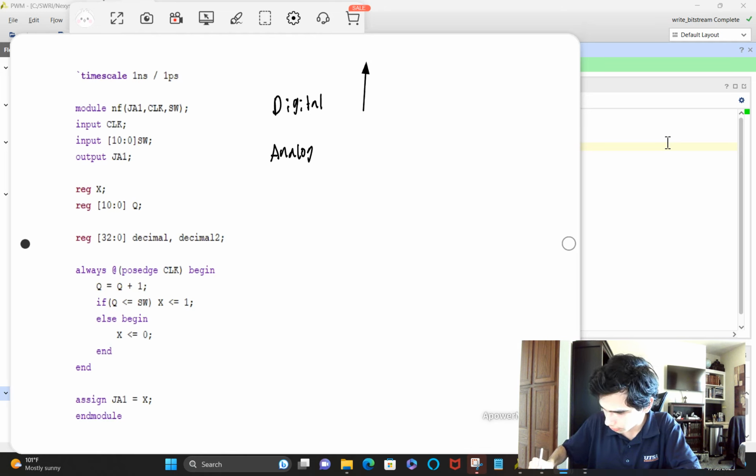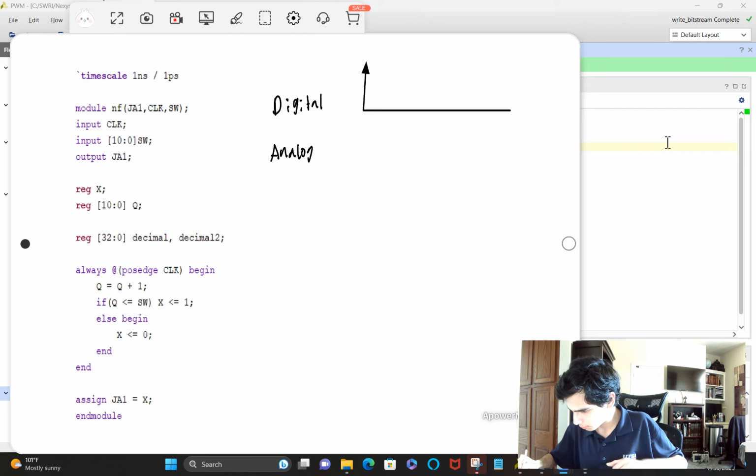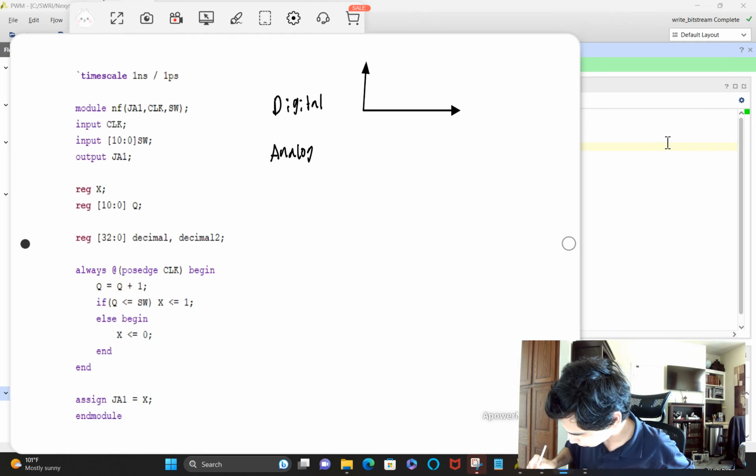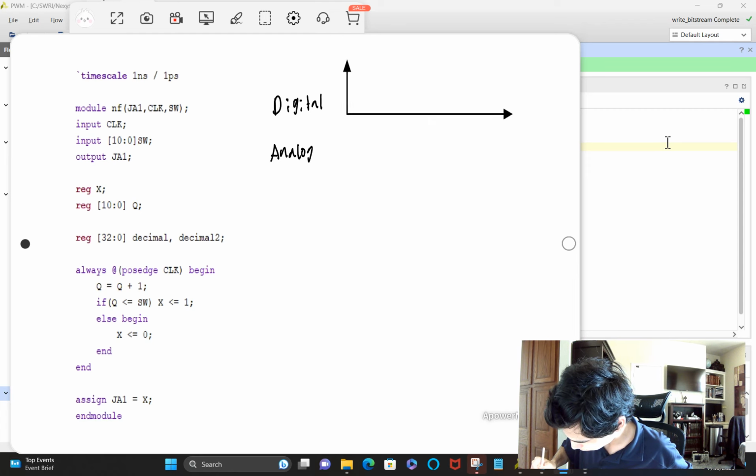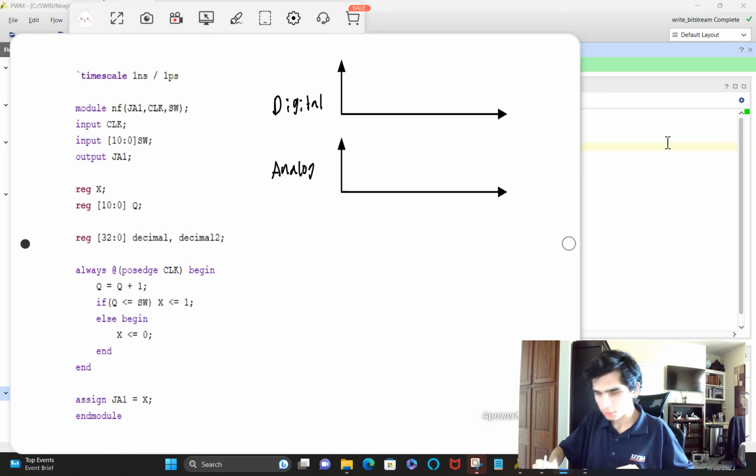Let's say we have a plot. The x-axis is going to be time, and the y-axis is going to be voltage.